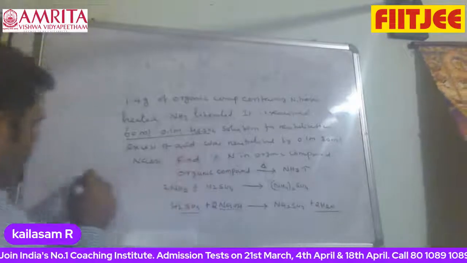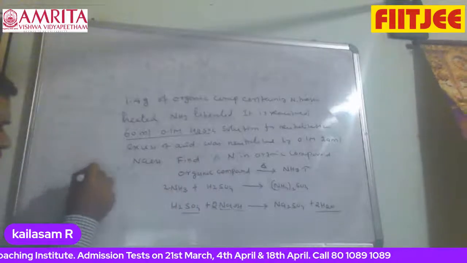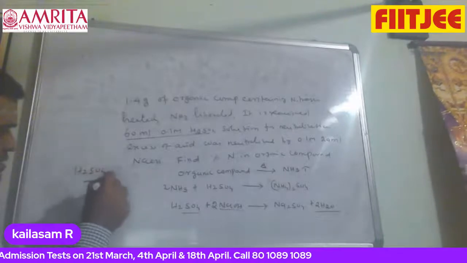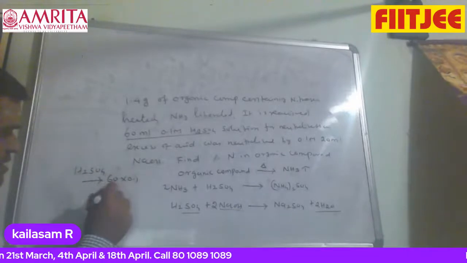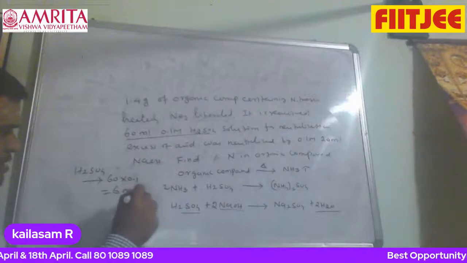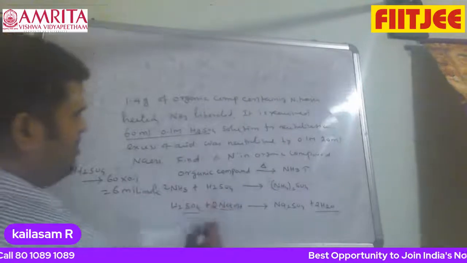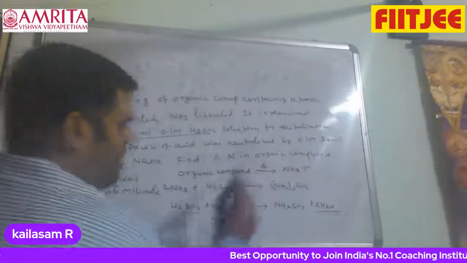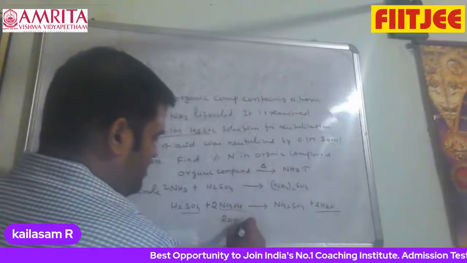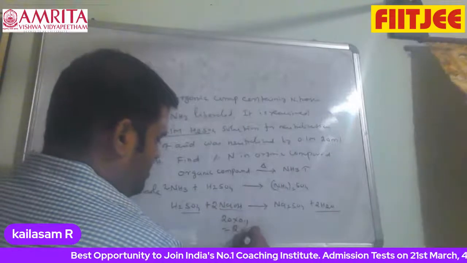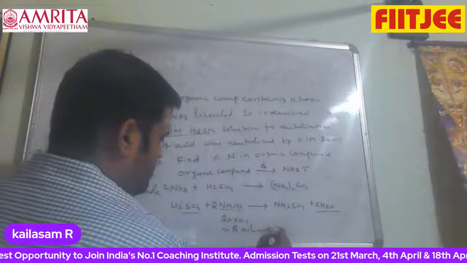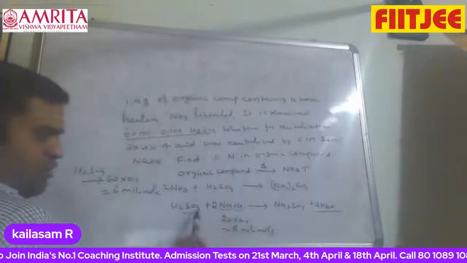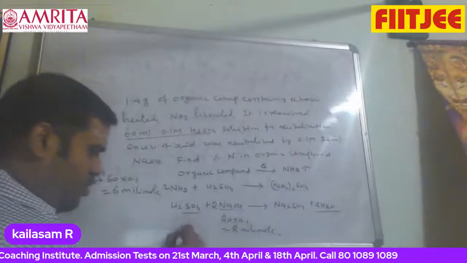Totally, how much sulfuric acid is there? 6 millimole. What about sodium hydroxide? They gave 20 ml of 0.1 molar, that is 2 millimole. That means 2 mole of NaOH react with 1 mole of H2SO4, so 2 millimole react with 1 millimole.